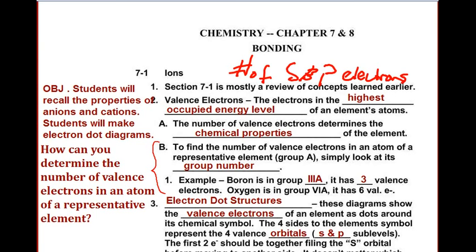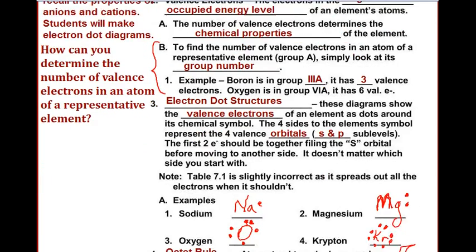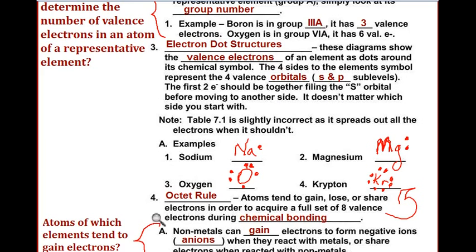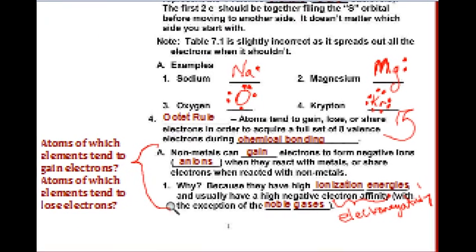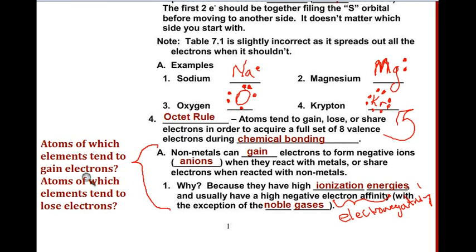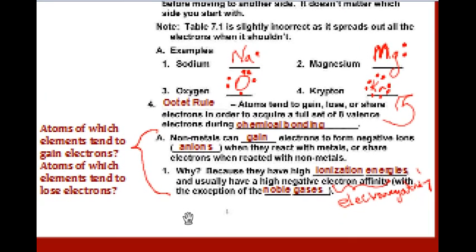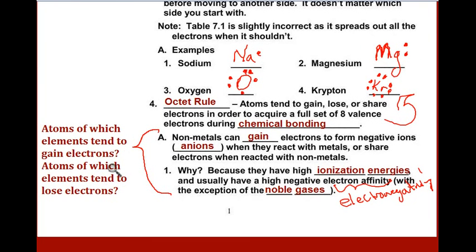Then, as we scroll down lower in our lecture, we also have the atoms of which elements tend to gain electrons, and atoms of which elements tend to lose electrons. Well, we're going to find those with the next few questions.